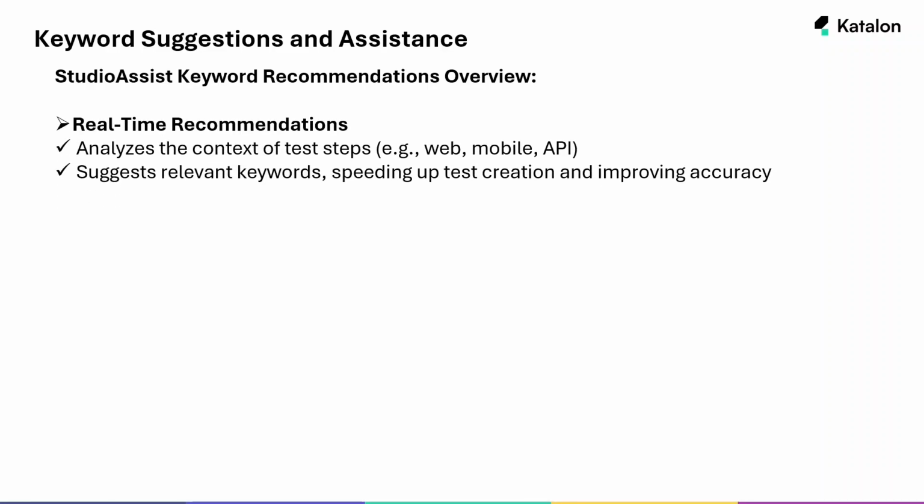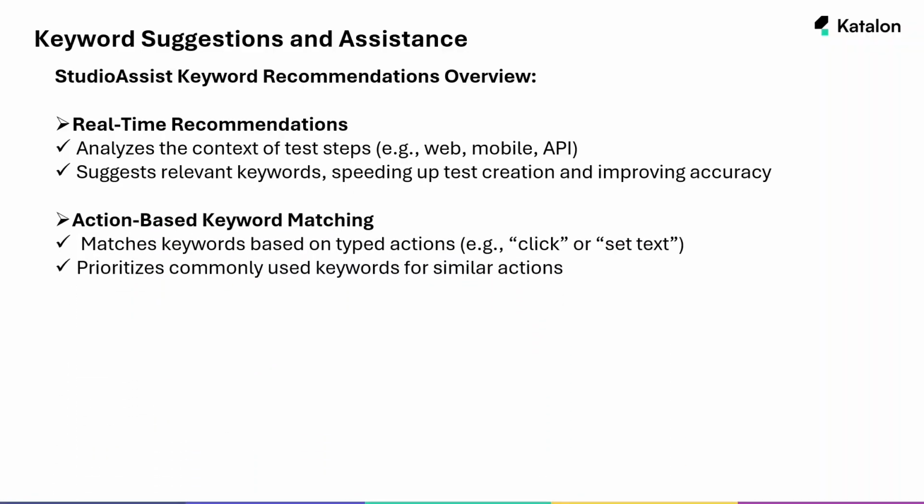Real-time recommendations. StudioAssist analyzes the context of test steps. Example, if you are automating test cases related to web, mobile, and API, StudioAssist suggests relevant keywords, speeding up test creation and improving accuracy. Action-based keyword matching.